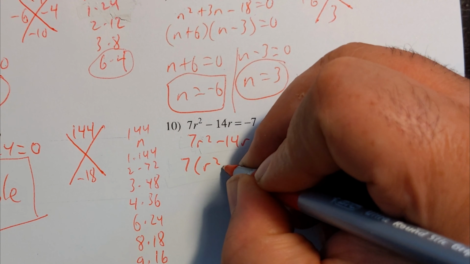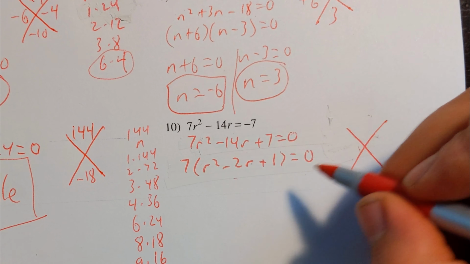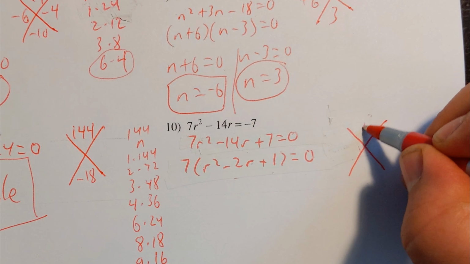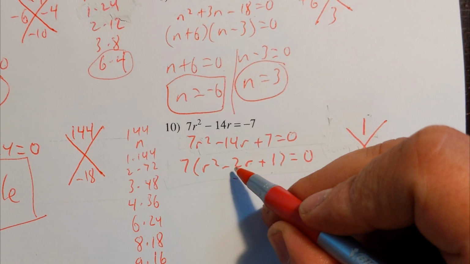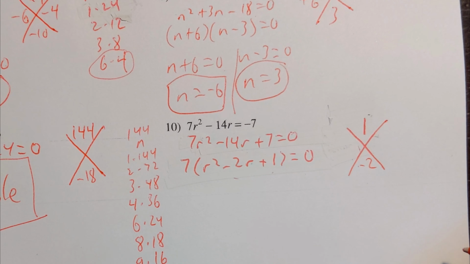And this is what I'm going to use in order to factor using that x. So the 1 in front of the r squared and the 1 here is going to give me my number on top. This negative 2 goes down to the bottom.